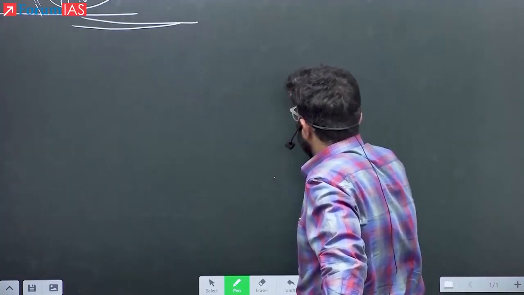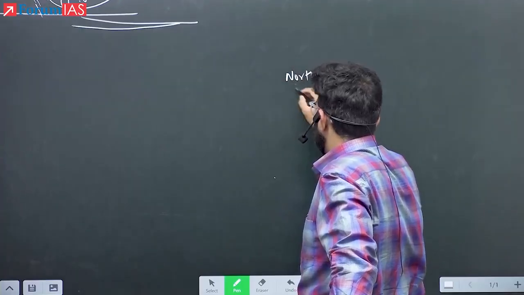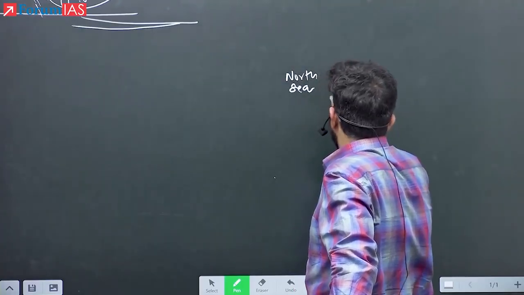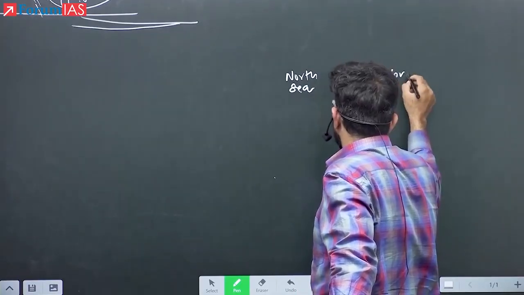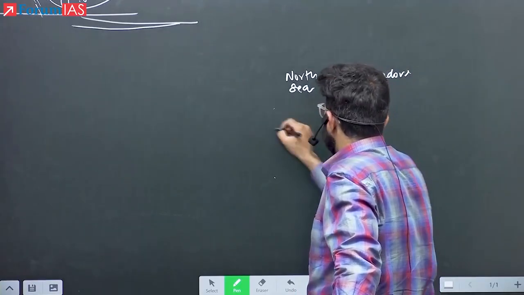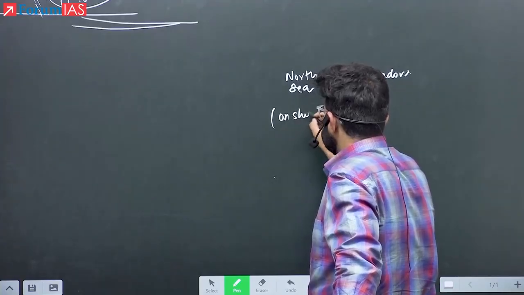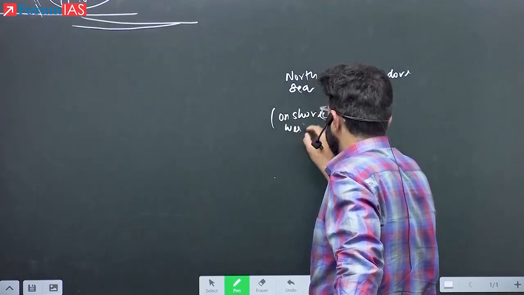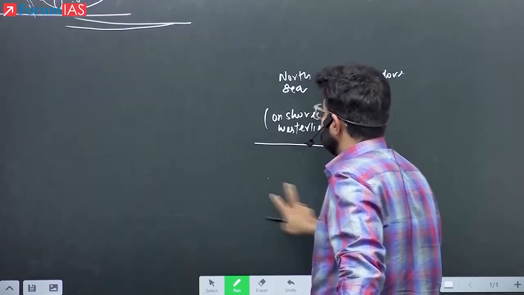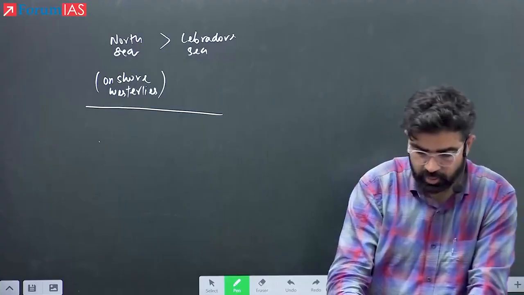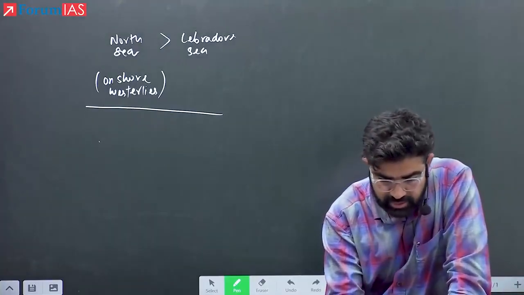The North Sea will have greater temperature than Labrador. Here the reason is onshore, but this time westerlies. This has been asked by the UPSC, so be prepared with this factor. It's important.